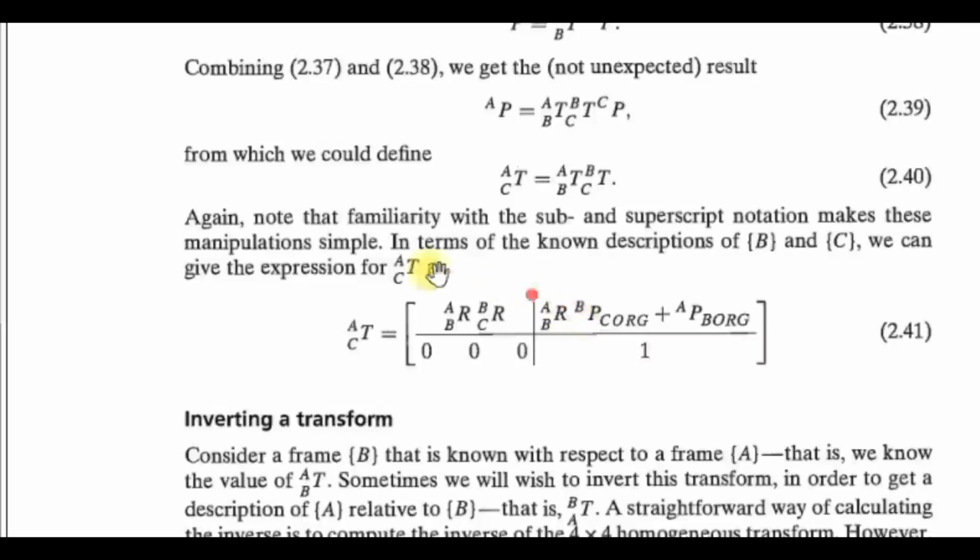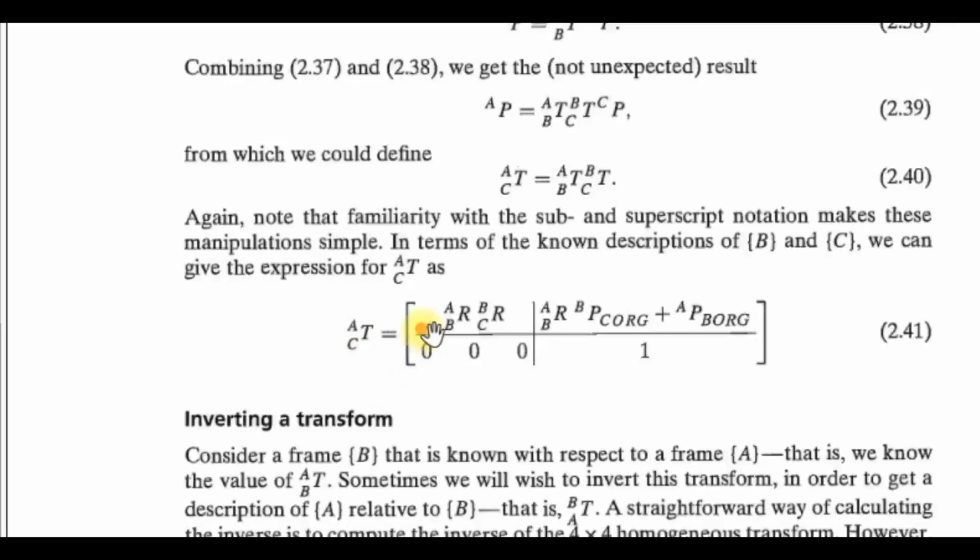So the subscript notation makes this multiplication simple. In terms of the known description of B and C, we give the expression of ATC. ATC means the value of C with respect to A.